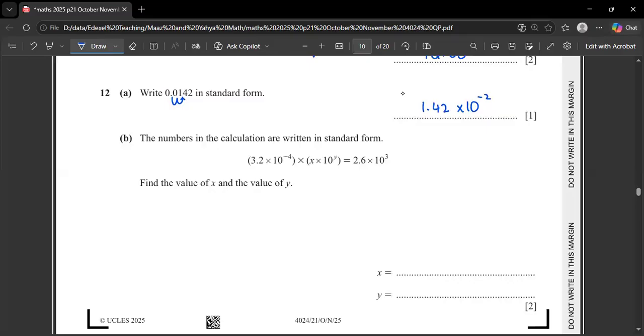How can I write this number? What if I write the number like this? 3.2 times x times 10 to the power -4 and 10 to the power y equals 2.6 times 10 to the power 3.